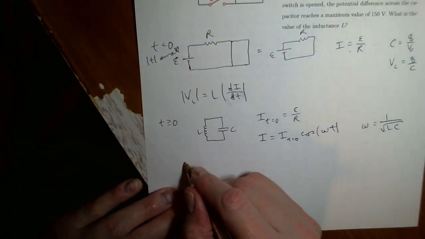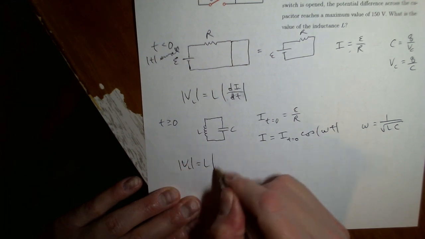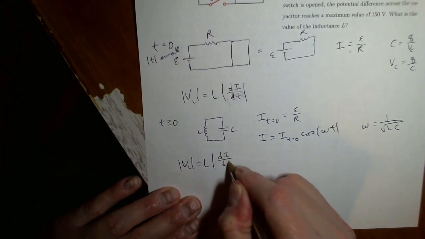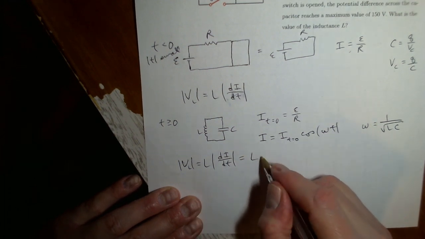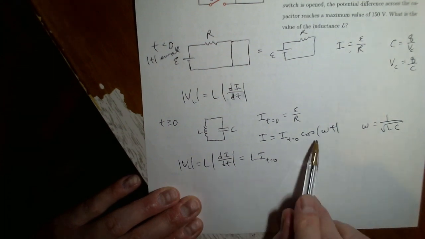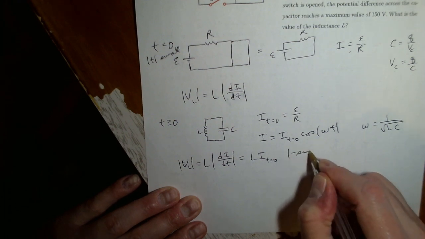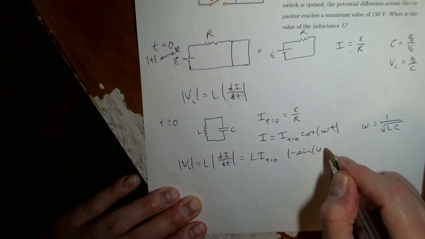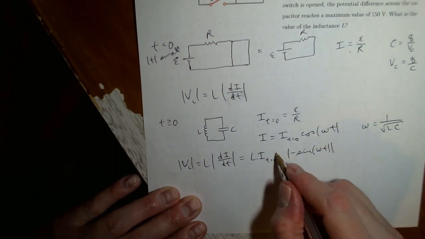The inductor voltage magnitude is L times the magnitude of di dt. So it's L I at time 0. Derivative of cosine with respect to time is minus sine, but we're taking an absolute value, so we don't really care about the sign. And the chain rule says that you bring out an omega.